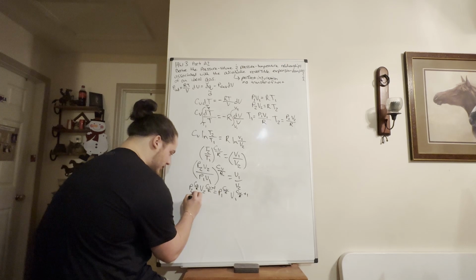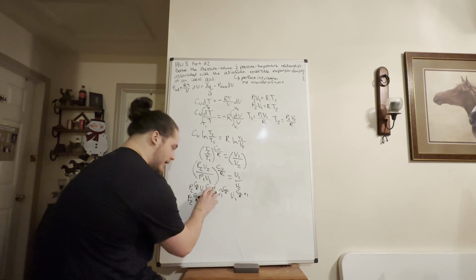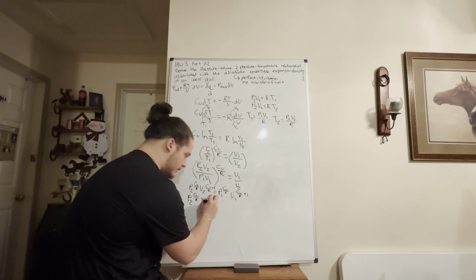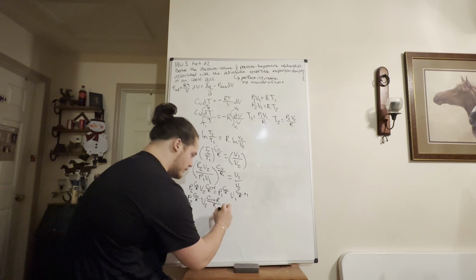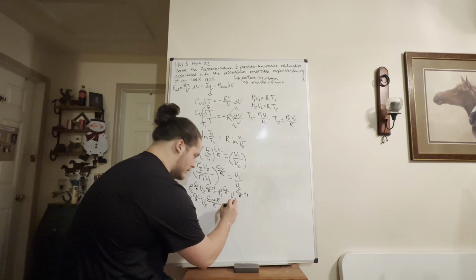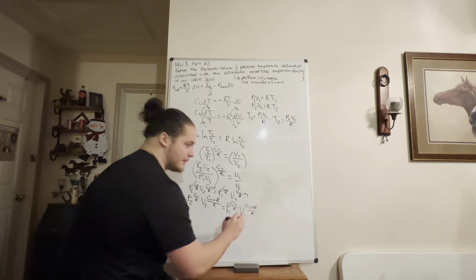P2 times our specific volume over R V2, and we can make this CV plus R over R, equals P1 CV over R times V1 CV plus R over R.